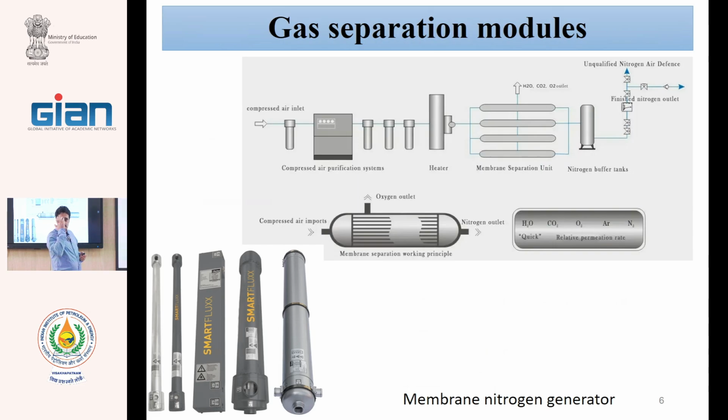Therefore, in gas separation membranes and also in RO, it is very important to have no particles at the entrance of RO and TFC membranes. Because in TFC membranes we have a very thin layer, and the thin layer can be cut by particles. Therefore, we see three cartridge filters with different pore sizes.